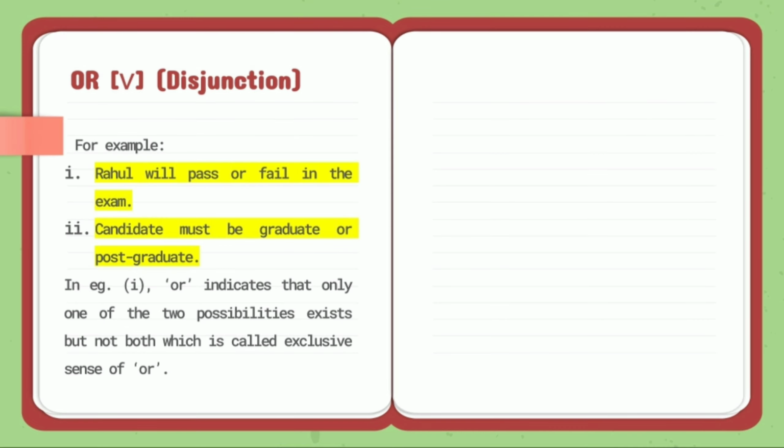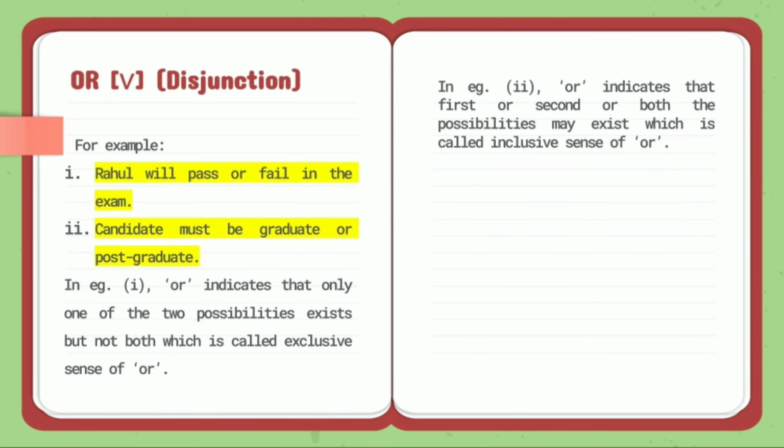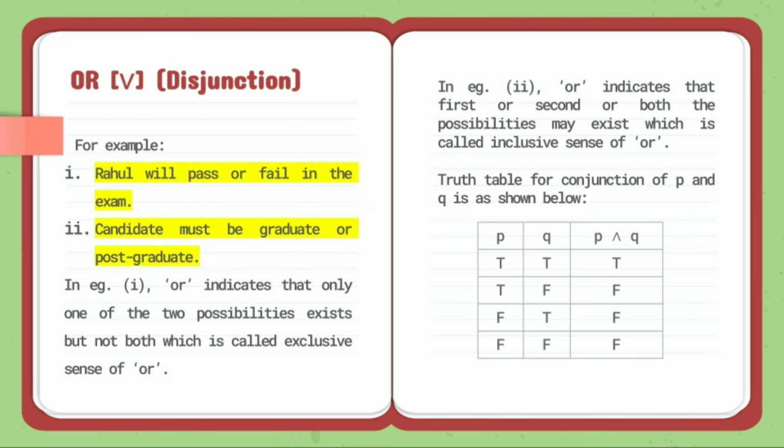In the first statement, or indicates that only one of the two possibilities exists, but not both, which is called exclusive sense of or. In the second statement, or indicates that first or second or both the possibilities may exist, which is called inclusive sense of or. Truth table for disjunction of P and Q is as shown below.